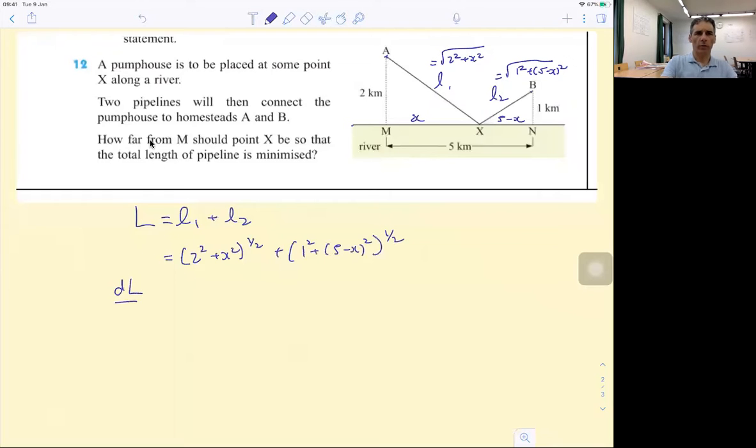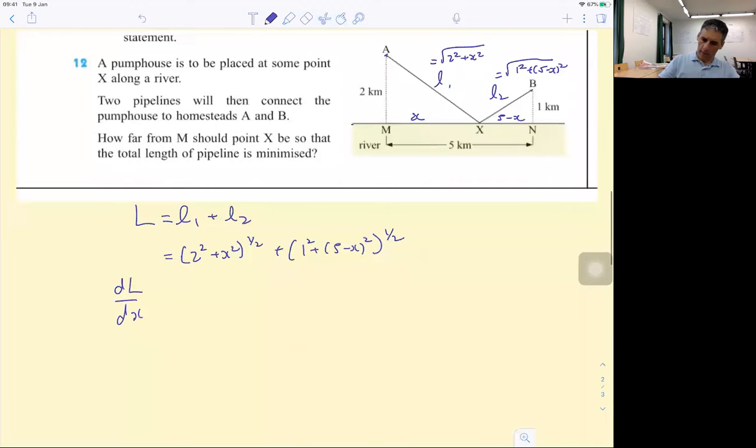So we're going to take its derivative and set that equal to 0. And so dL/dX, and it's a chain rule, so 1/2, call it (4 plus X squared) to the minus 1/2 times 2X. And over here, we'll bring the 1/2 down. In the other expression, we have (1 plus (5 minus X) squared) to the minus 1/2.